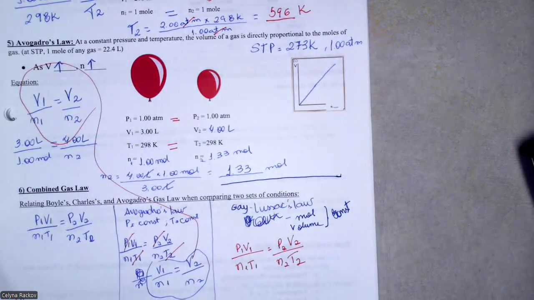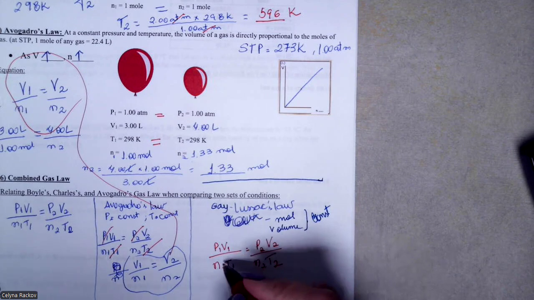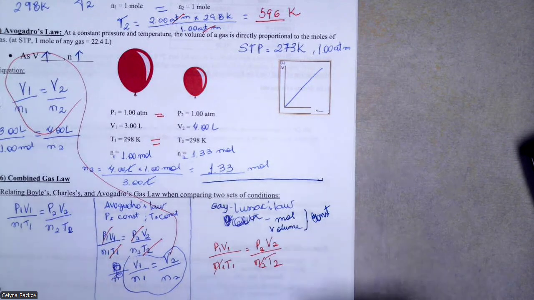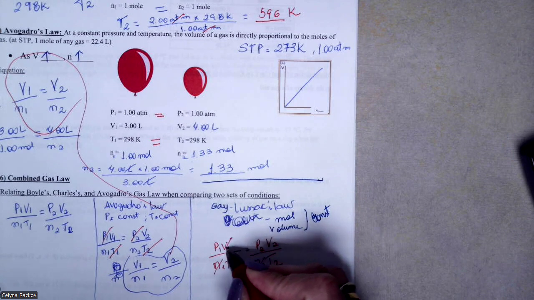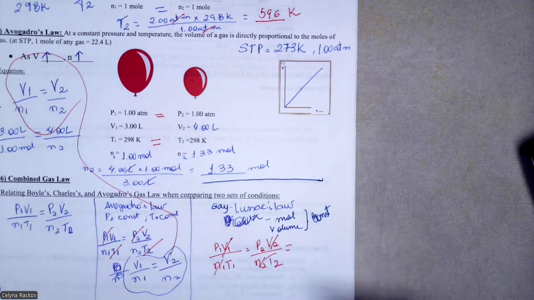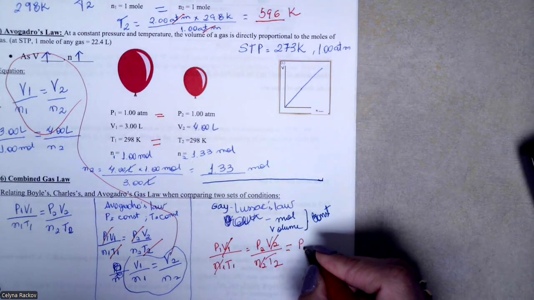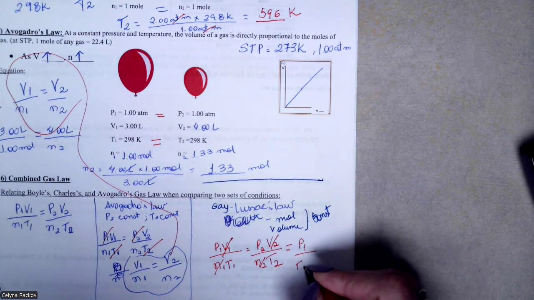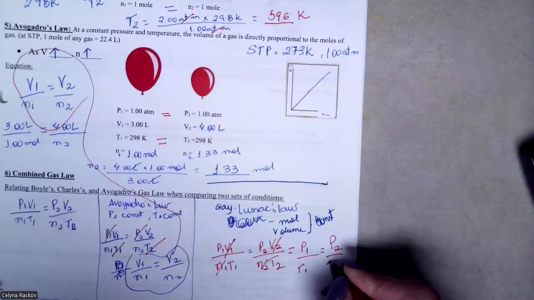Let's cancel out what's constant. In Gay-Lussac's law, mole is constant. Okay, let's cancel moles with moles. And volume is also constant. Let's cancel volume 1 with volume 2. So now let's write what we did not cancel out here. So P1 over T1 equal to P2 over T2.